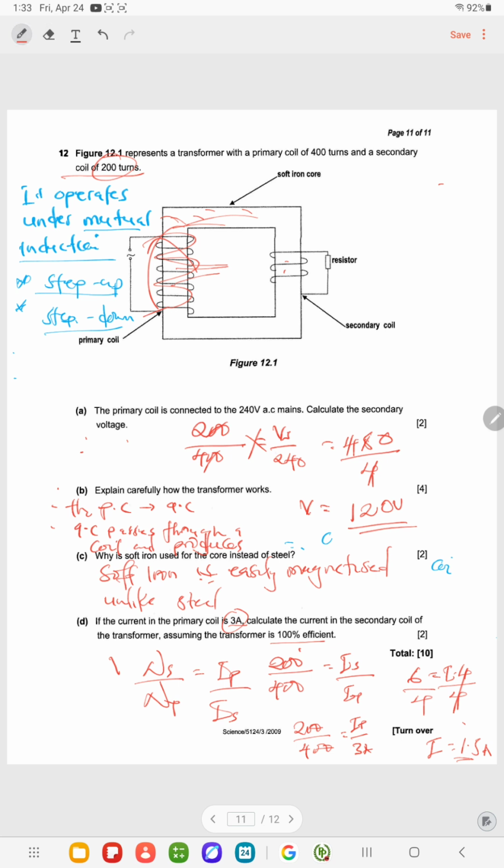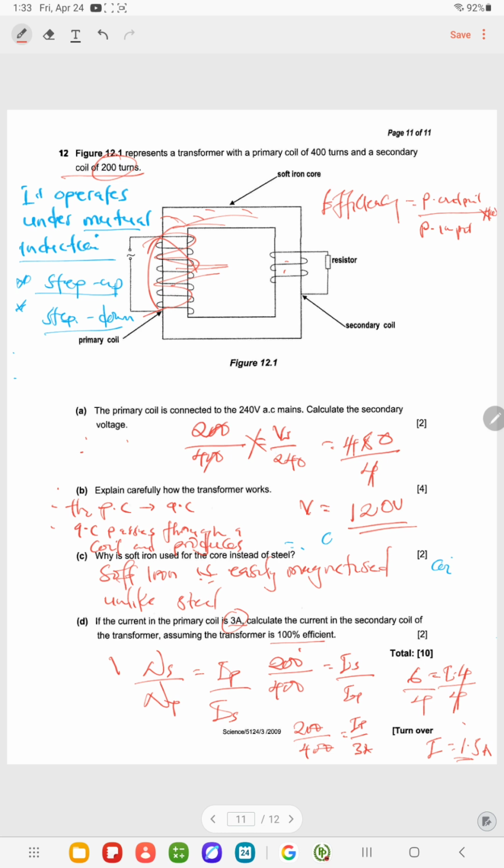The efficiency formula, we know that efficiency is equal to power output over power input, then multiply by 100%.